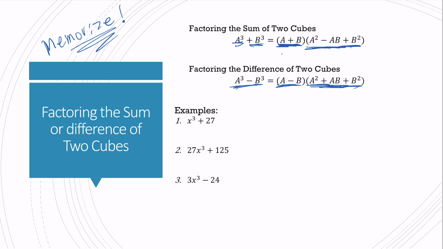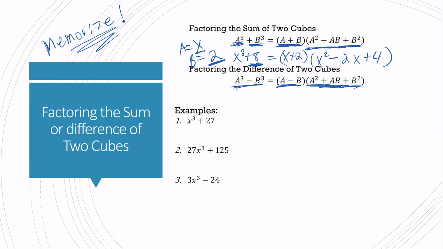So what you're going to do when you see an example, like let's say I had x cubed plus 8, I would see that my a is x, and my b is going to be whatever cubes to get 8, which is 2. And then I just substitute in. Instead of a plus b, I'd have x plus 2. Instead of a squared, I'd have x squared minus ab. A times b is 2x, plus b squared, which is 2 squared, which is 4.